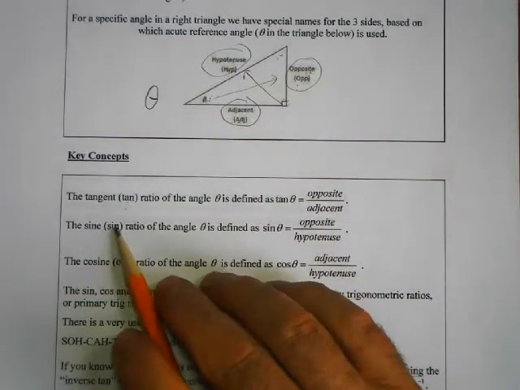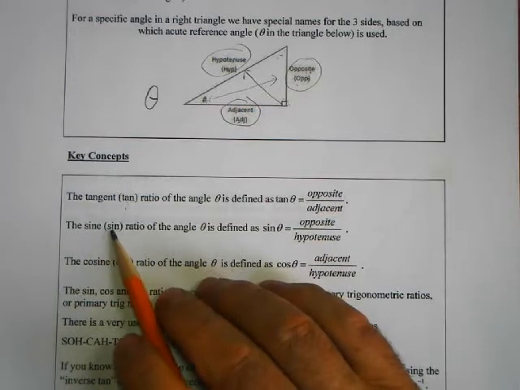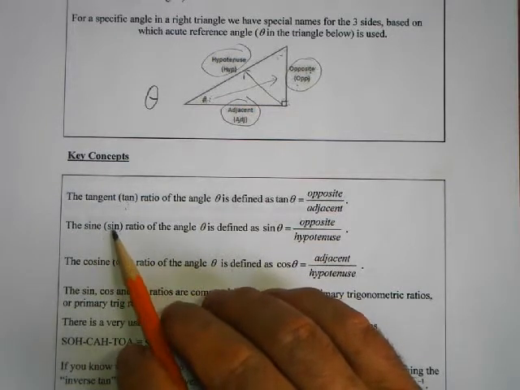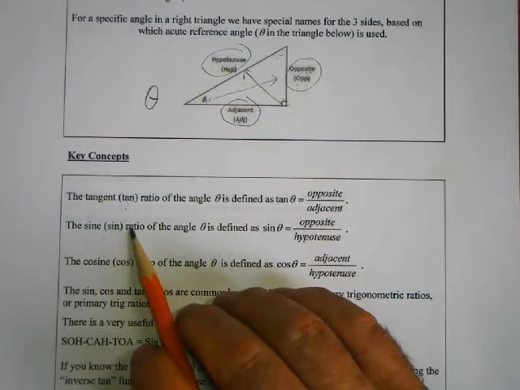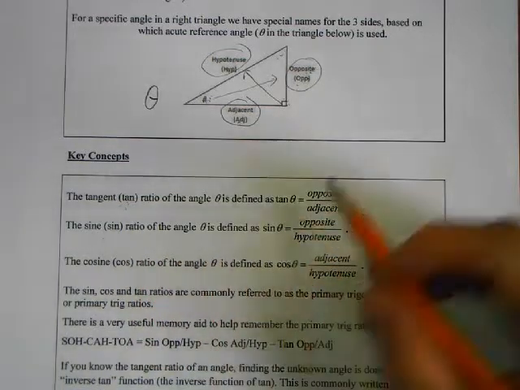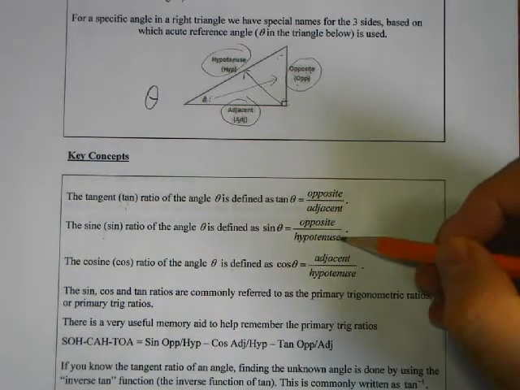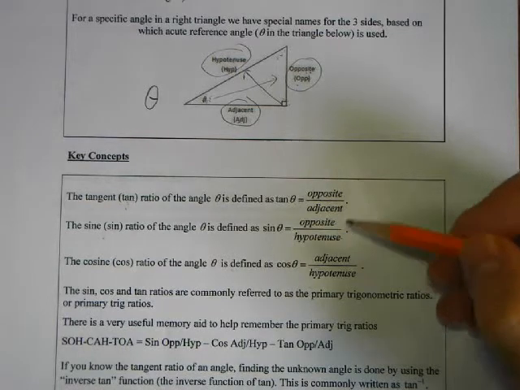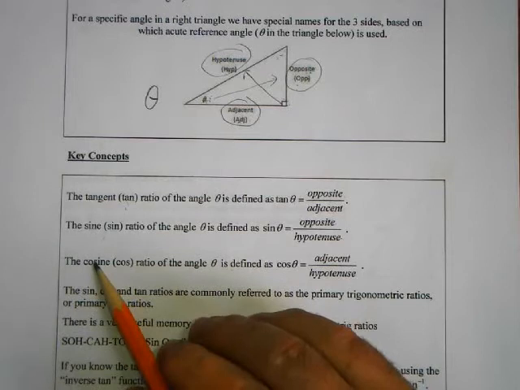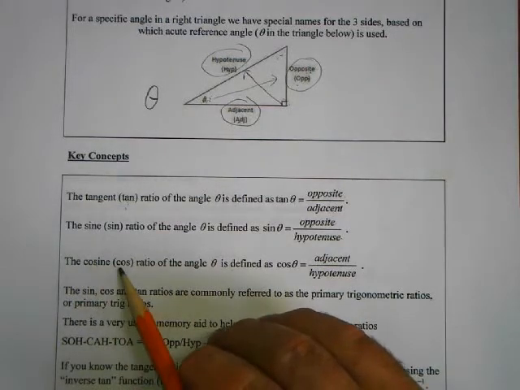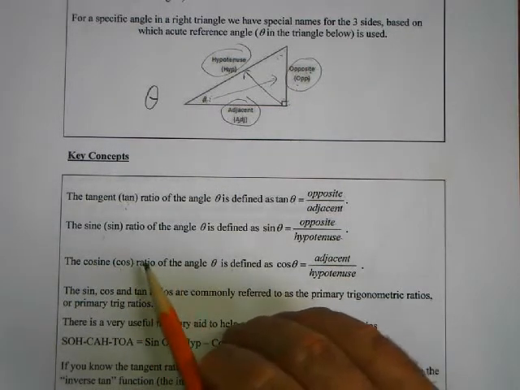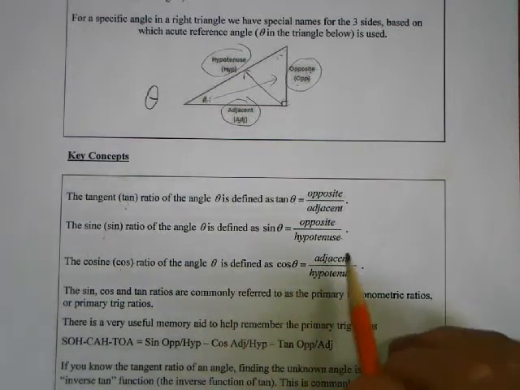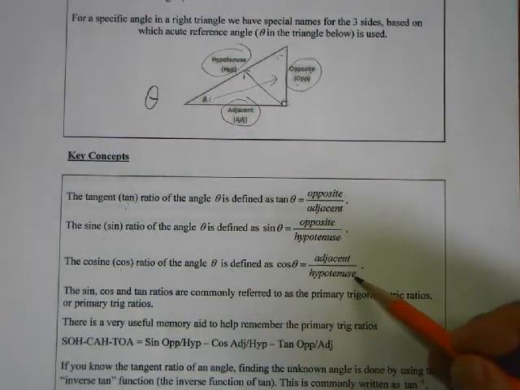The next ratio is called the sine ratio. It's not "sin," it's sine, shortened to SIN. The sine ratio of the angle theta is opposite over hypotenuse. The third ratio is called the cosine, which we shorten to cos, C-O-S. That ratio uses the adjacent side and the hypotenuse.